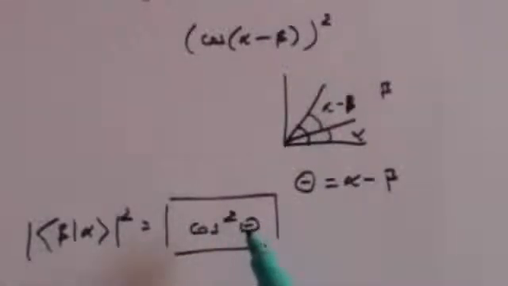If they are orthogonal, if they are 90 degrees apart, then you expect that should be 0, and cosine of 90 is indeed 0. Cosine squared is 0. What happens if theta is 45 degrees? You would expect, of course, there to be a half probability, and cosine theta is 1 over root 2. Cosine squared theta is a half.